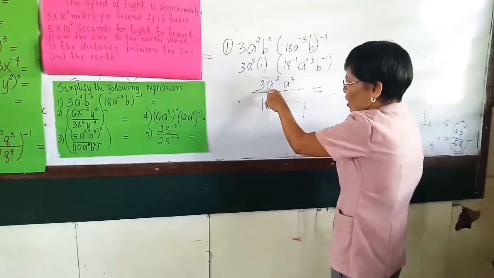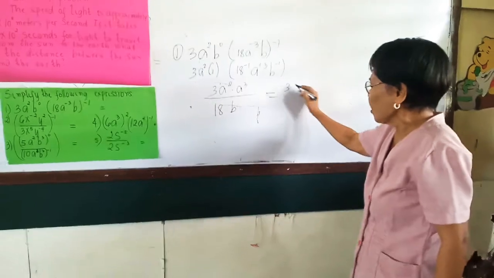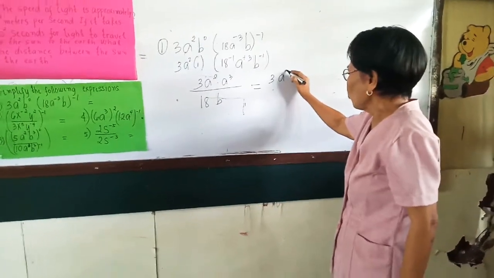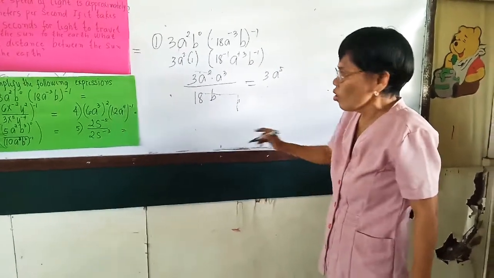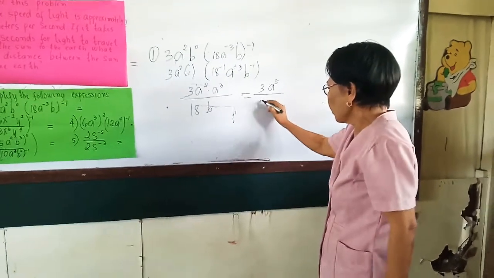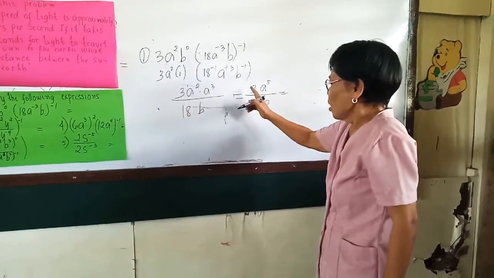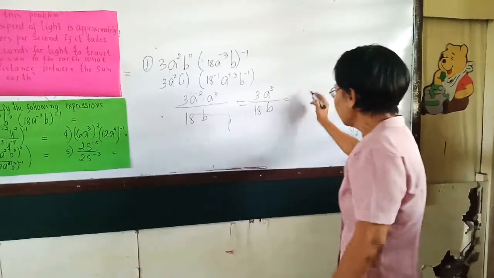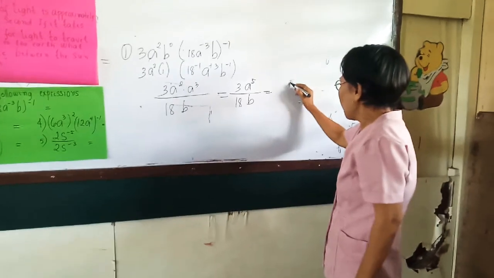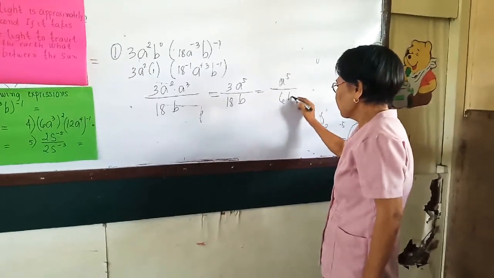Okay, since there is another a, simplify this one. 3a cube. Why cube? Because you are going to add the exponent over 18a. Then reduce. 3 divided by 18 is equal to a to the 5th over 6b.